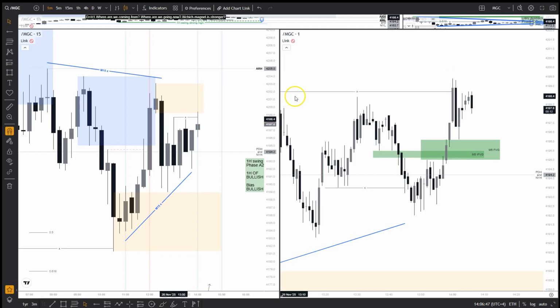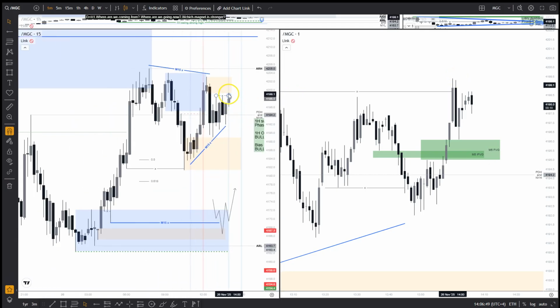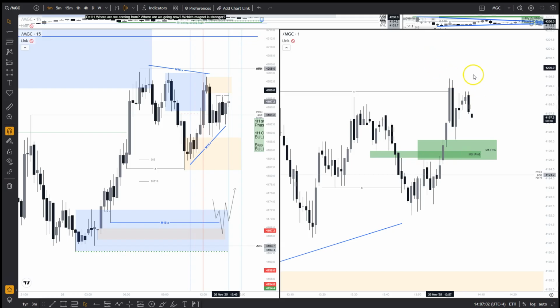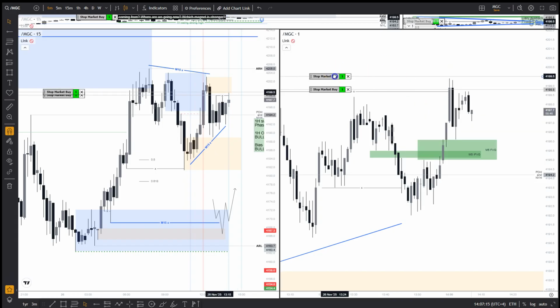Just now, what may happen, if it's not a buy side liquidity sweep, it is a push to grab this liquidity. So I'm going to put a stop buy here and a stop buy here. So these two orders, if they are tucked in, stop loss will be just below this level here.